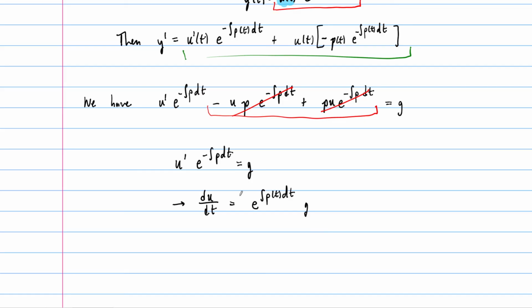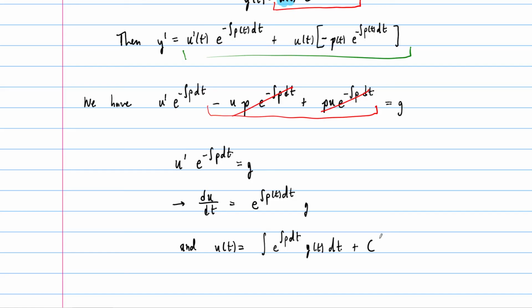All right, and then separate, integrate, and look what we get for u. It shouldn't be too much of a surprise, right? u is going to be the integral of e to the integral p dt times g of t dt, plus a constant, right? Plus c.